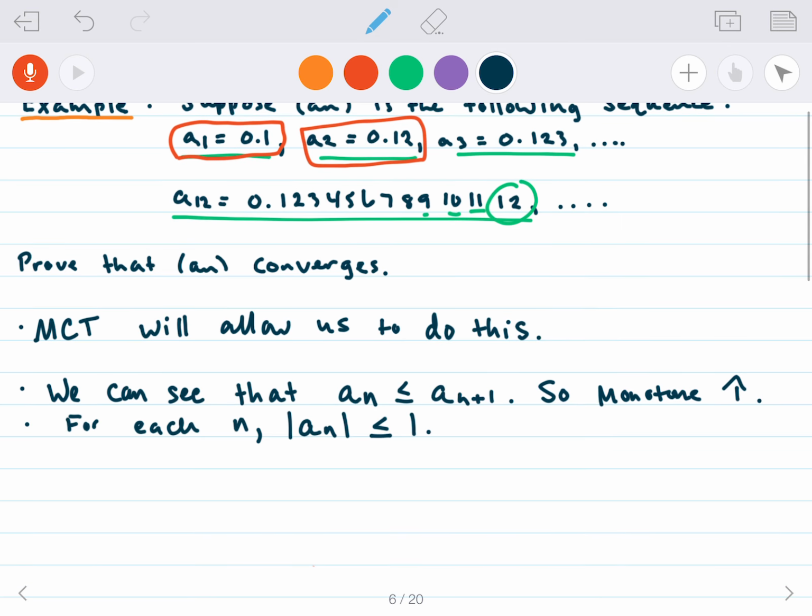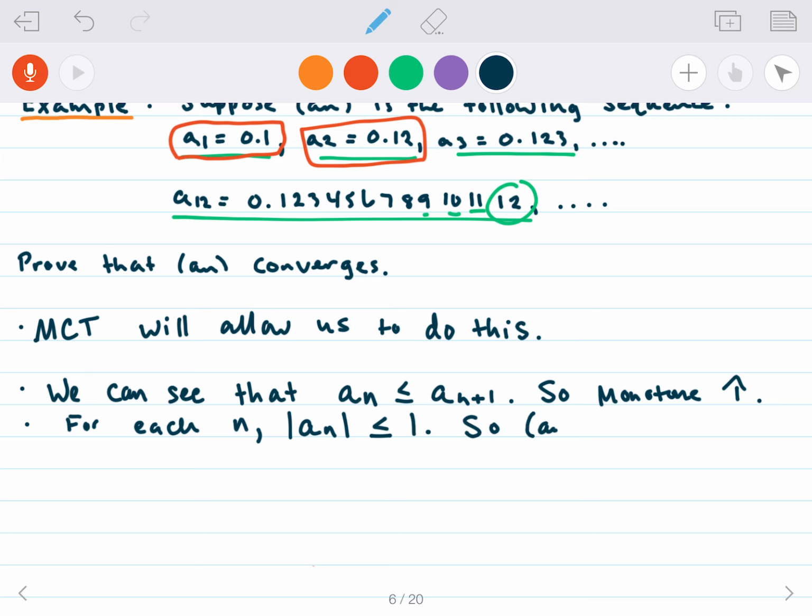This thing is never going to be 1 no matter how many digits we add, because the first digit is 1 and it's not 9 or anything. This thing isn't getting even remotely close to 1. So we can say that each term is bounded above by 1.